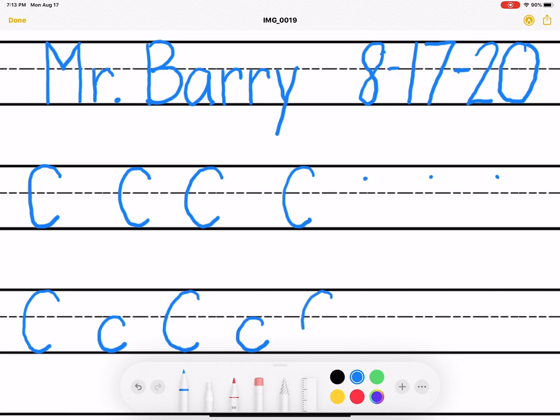Capital C, lowercase c. Make sure the capital letter touches the top line and the lowercase c touches the middle line. So you need to also do a whole line of that, so it'll be like capital C, lowercase c. Okay? I think you guys get the pattern. So pause the video and do that work.